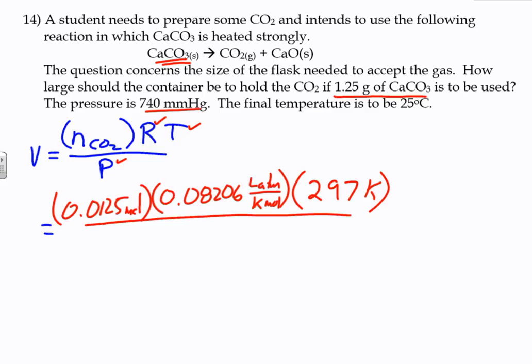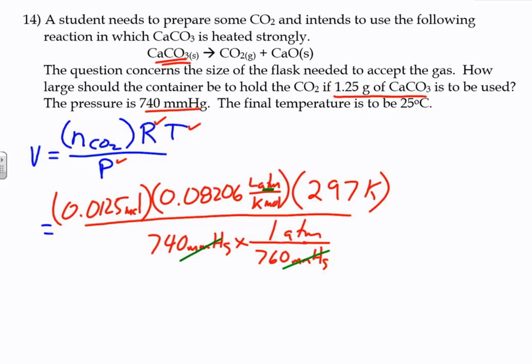And we're going to divide by the pressure. Can't use millimeters of mercury, so I'm going to take my 740 millimeters of mercury, and I'm going to multiply that by the conversion to go from millimeters of mercury to atmospheres, because that's going to then cancel with the unit that we have in our universal gas constant.